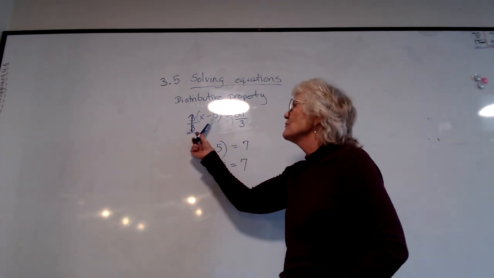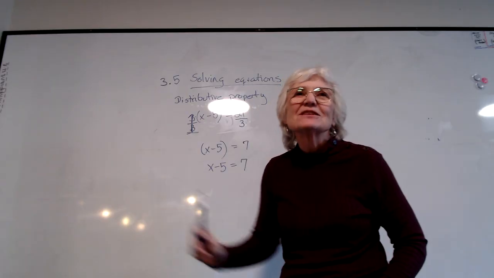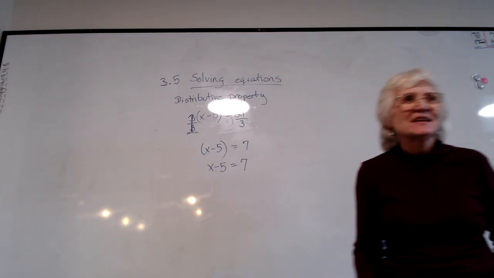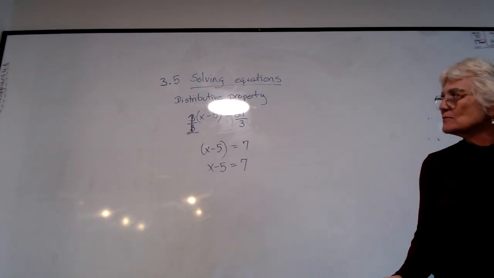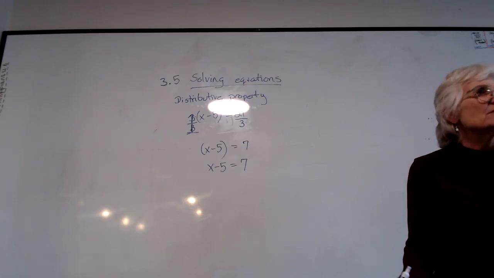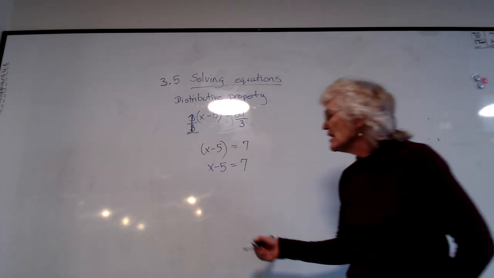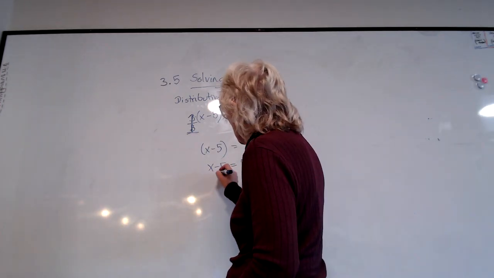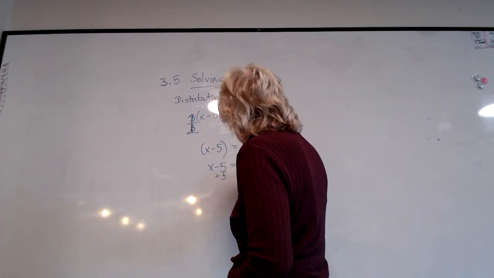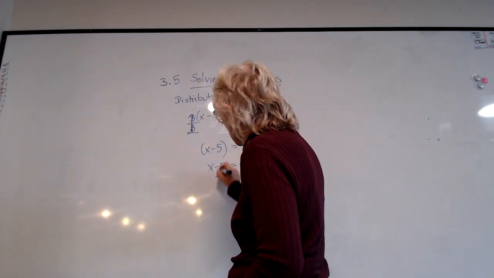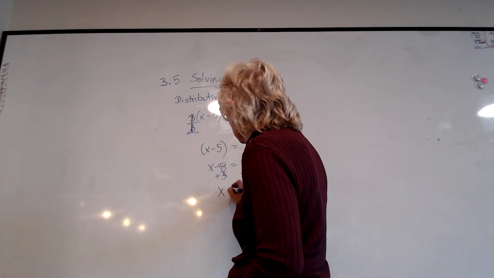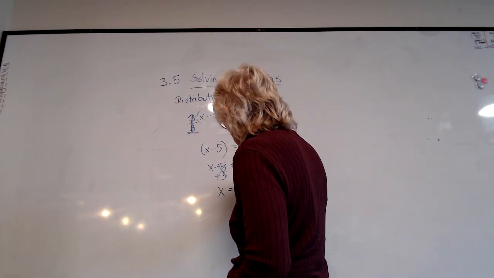Because I have a set of parentheses, I can do the division first. Okay? What would I do to solve this equation? Matt? Add 5. I want to get rid of a negative 5, so I'm going to add 5. This cancels, so we get x equals 12.